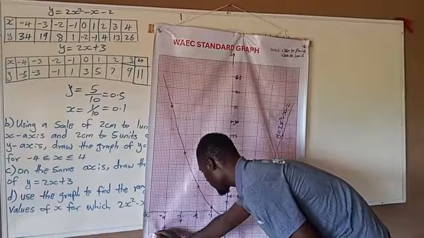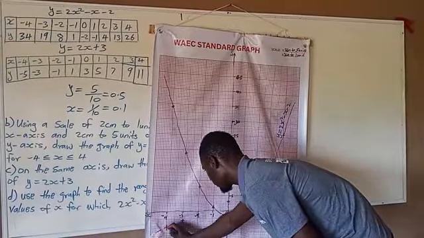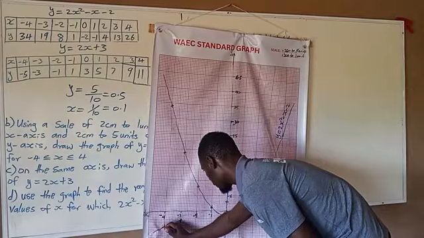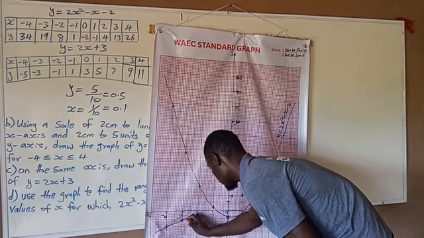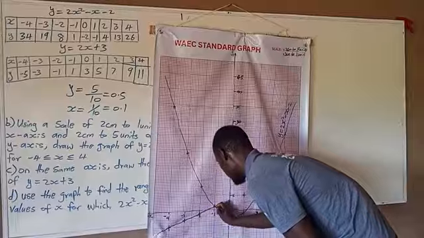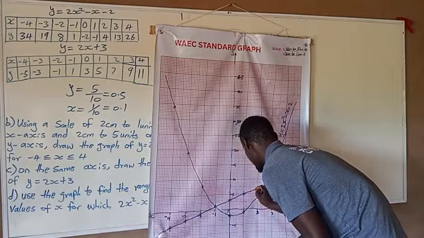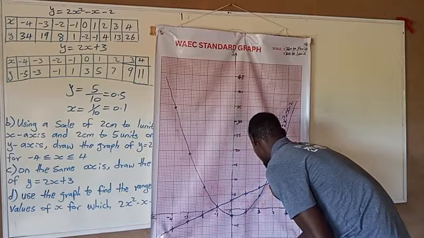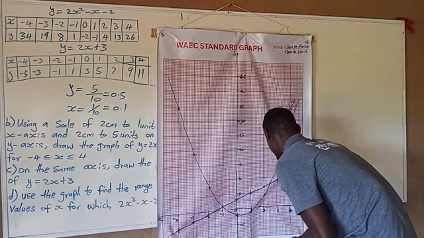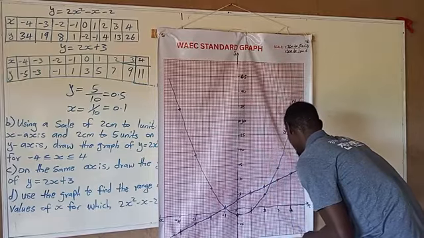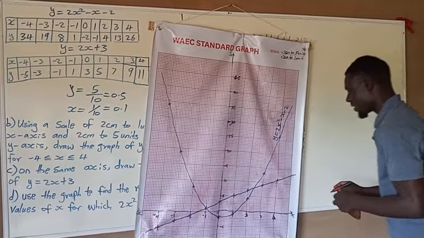If you have a ruler, you trace the line. You trace it, and this is a straight line graph.